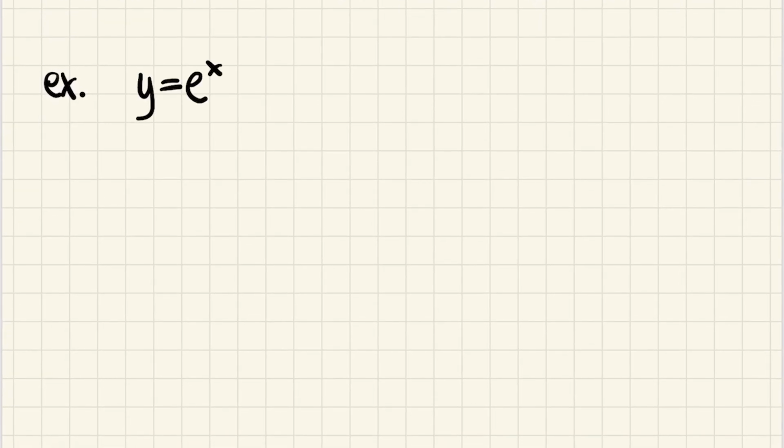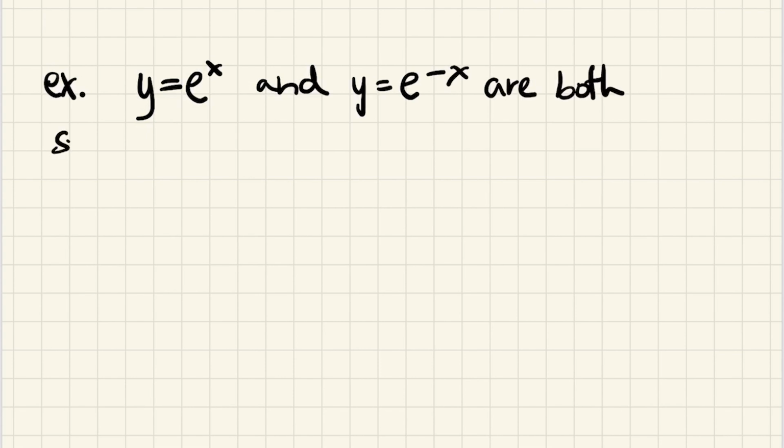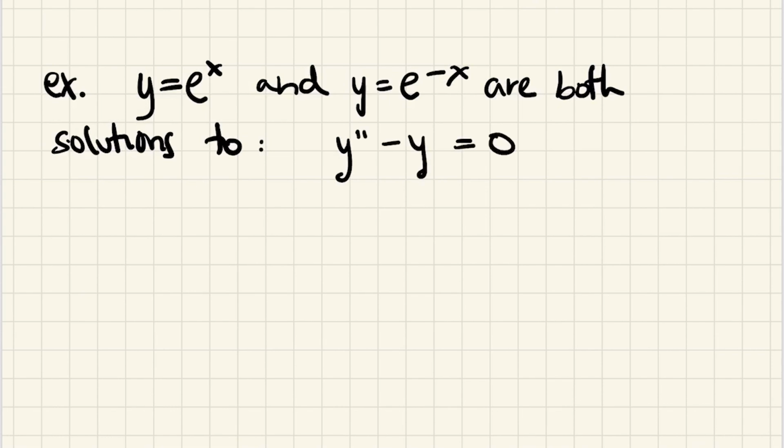So as an example, let me proffer that y equals e to the x and y equals e to the negative x. These are both solutions to this differential equation, y double prime minus y is equal to 0, on negative infinity to positive infinity.